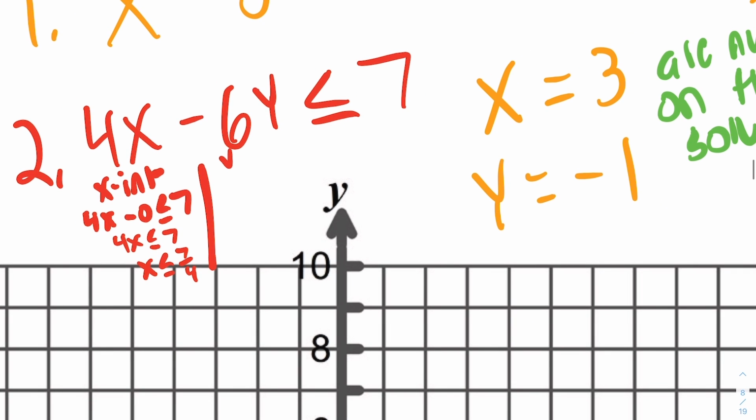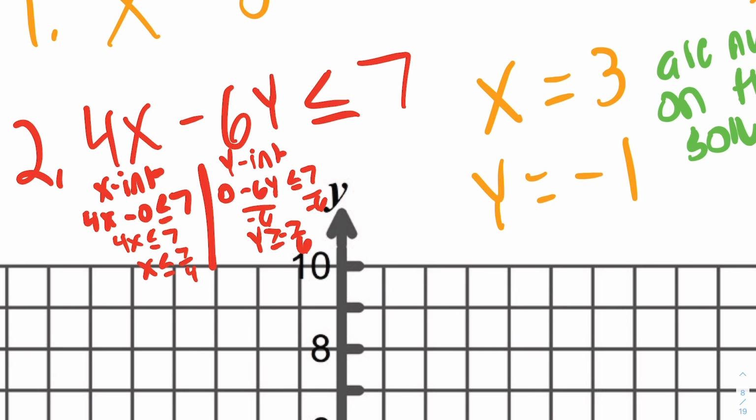Now let's find the y-intercept. We're going to put 0 for x. Negative 6 times y less than or equal to 7. We'll divide by negative 6. We're going to have to flip the way the inequality points, and we'll have 7 over 6, and that's going to be a negative number.